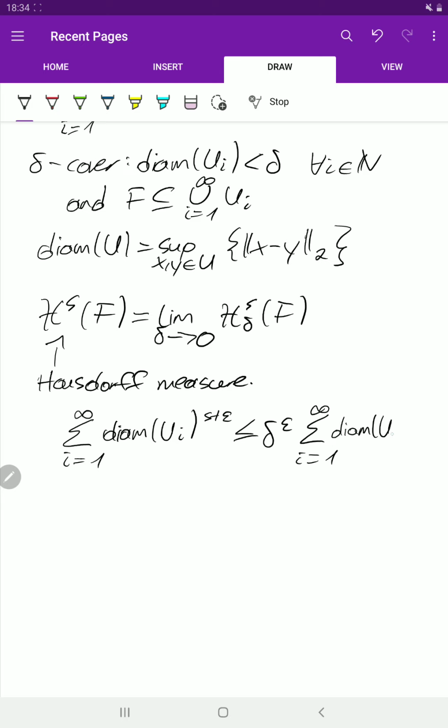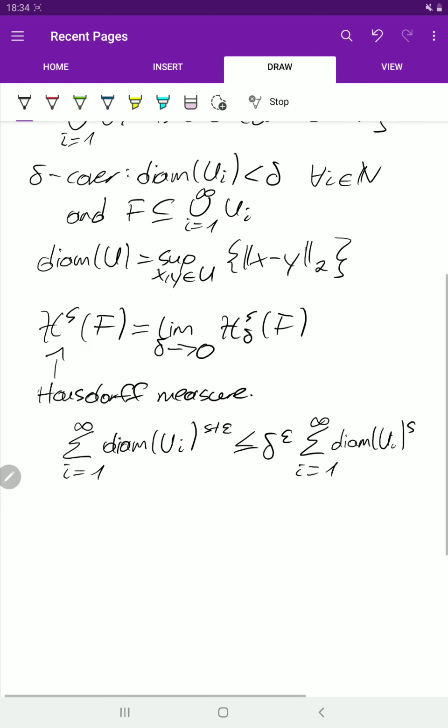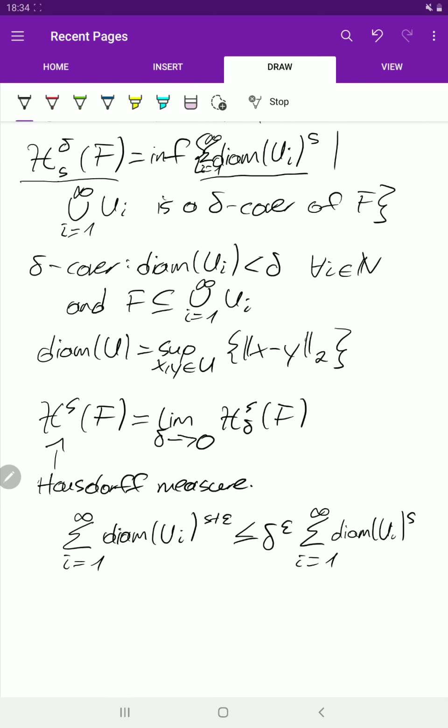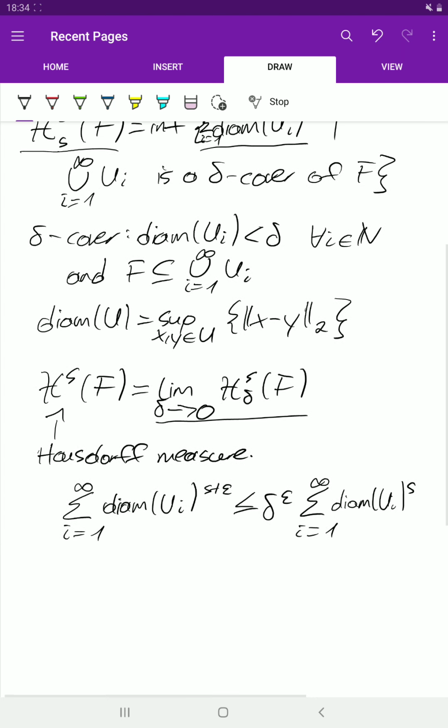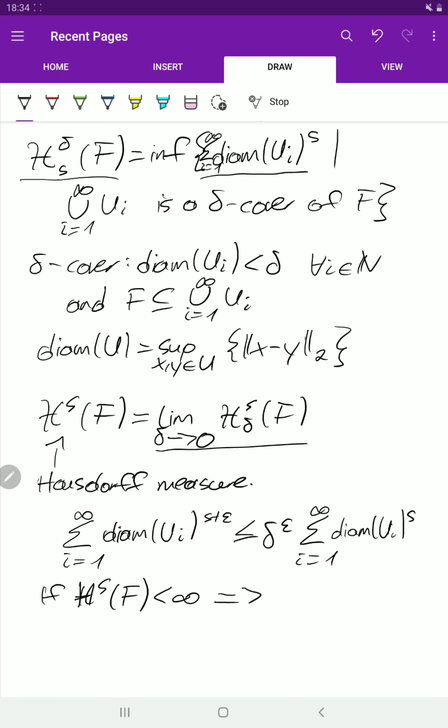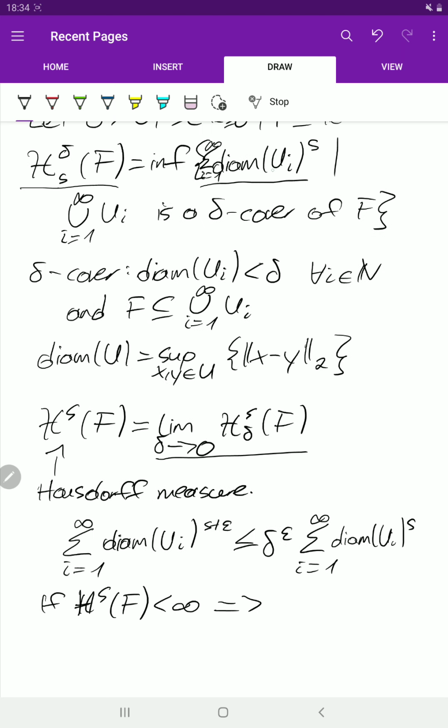Now let's look at the definition. We have this limit for delta going to 0. If this measure is finite, we get that there is some cover for which the sum is finite.